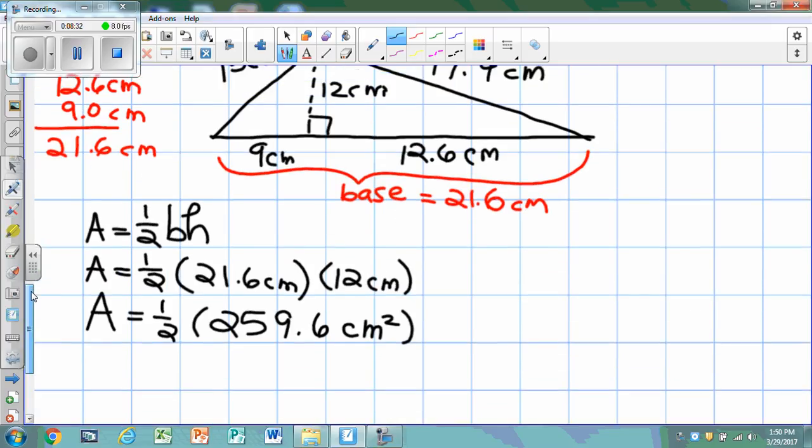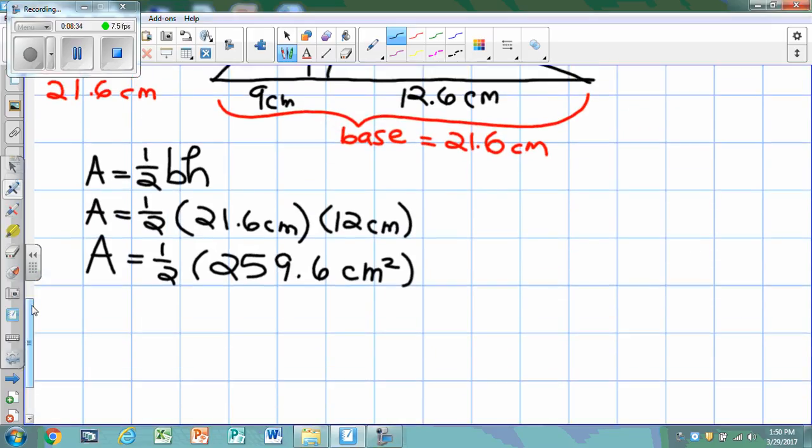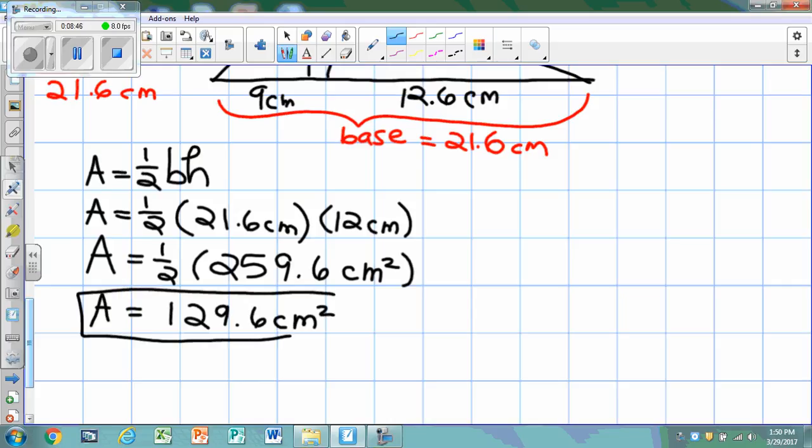Multiplying by half is the same as dividing by 2. Go ahead, divide it by 2 and tell me what we're going to get. 129 and 6/10 centimeters squared. There we go. Is that the same as what we got when we added the other 2 together? Yes. So this is telling us that we can use this formula for any triangle.